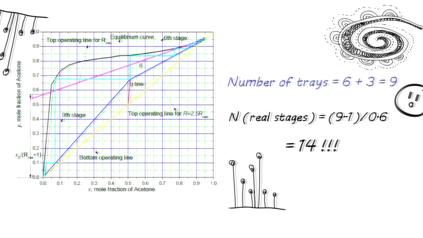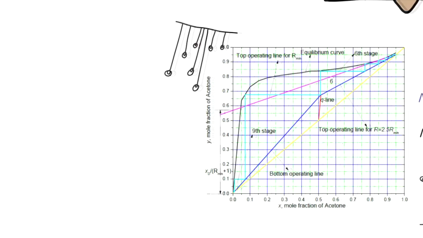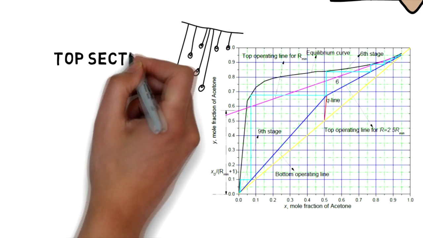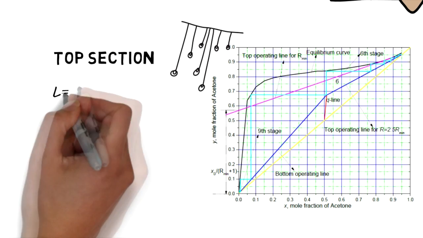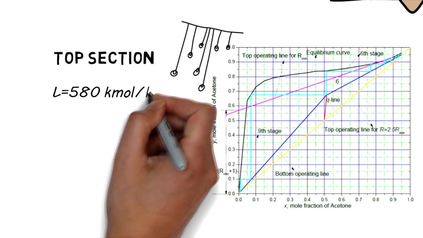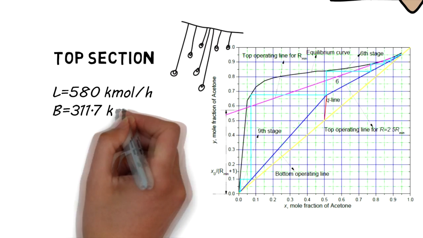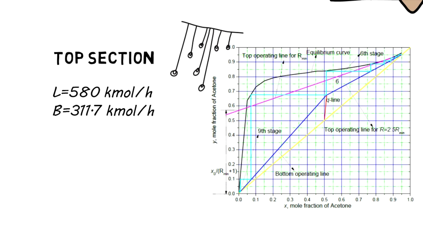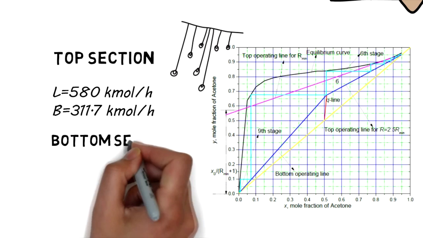Then we get 14 as the number of stages. Also, using this method, we shall determine the liquid and vapor flow rates, both for the top section and the bottom section. We use L for liquid and V for vapor.